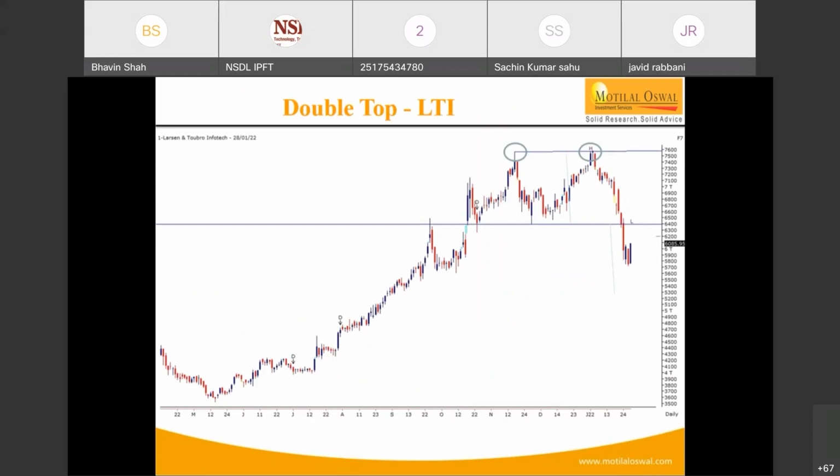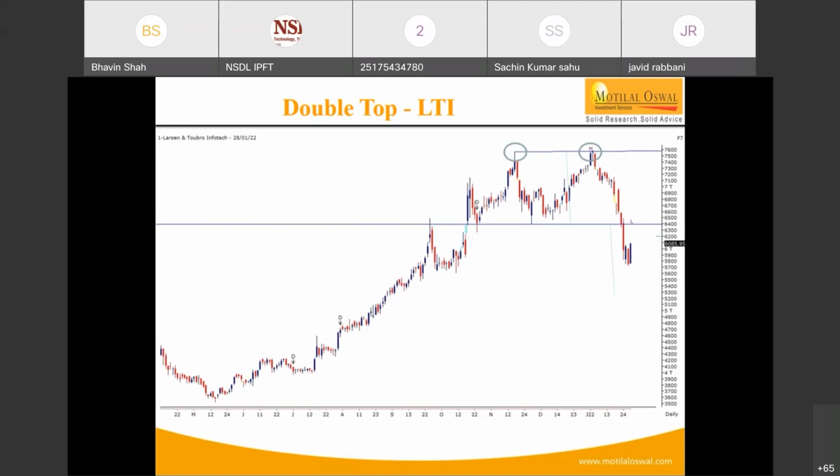Then coming to a double top pattern. Sometimes when the market is moving higher and in uncharted territory, there seem to be some stocks where they make a similar high, or the high is almost on similar lines of the previous high.